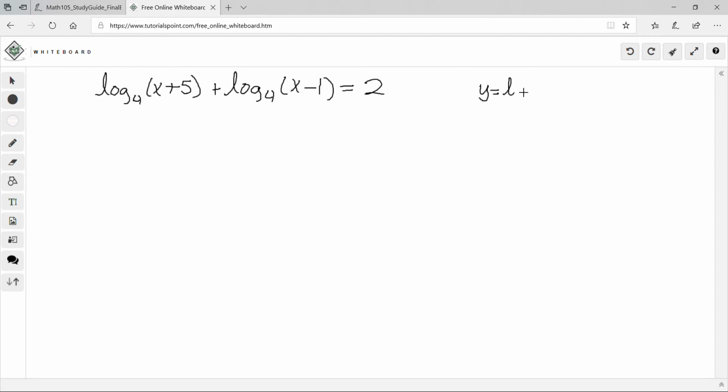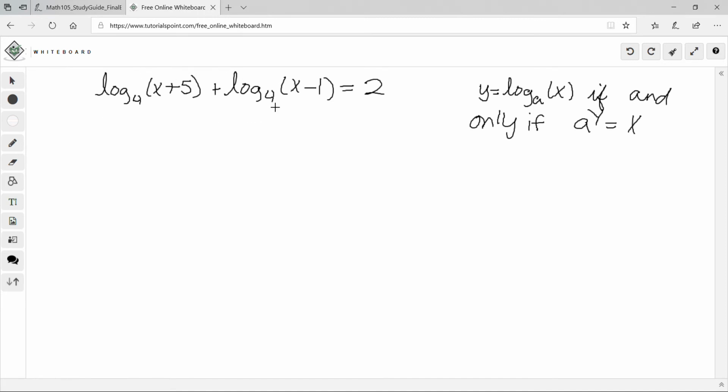Y equals log a of x if and only if a to the y equals x. So before I use this rule, let's simplify this part.